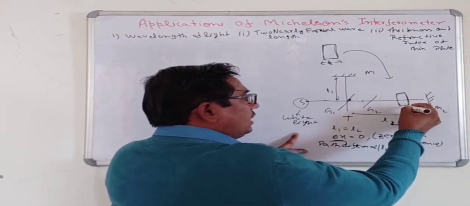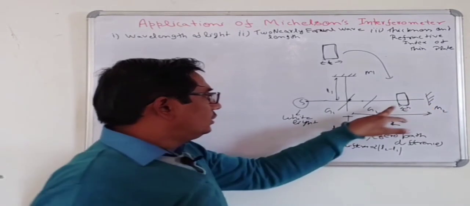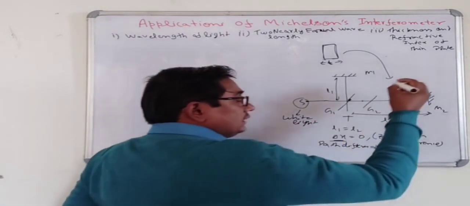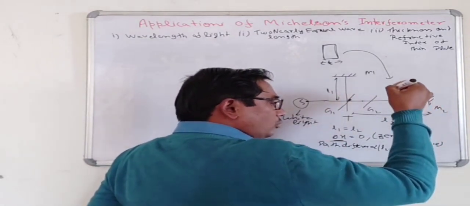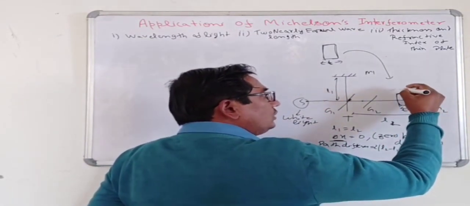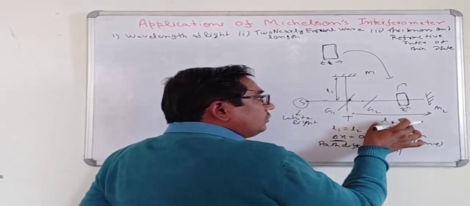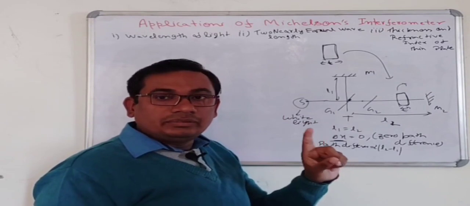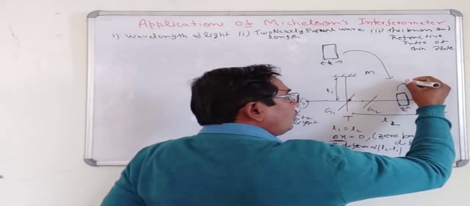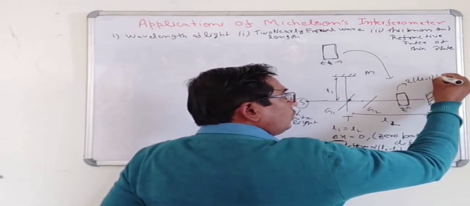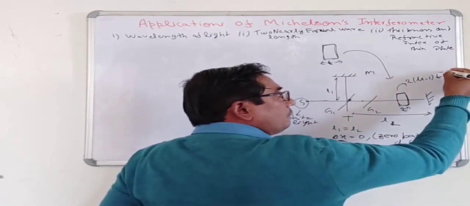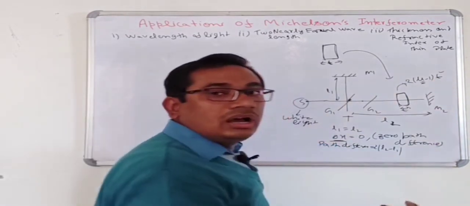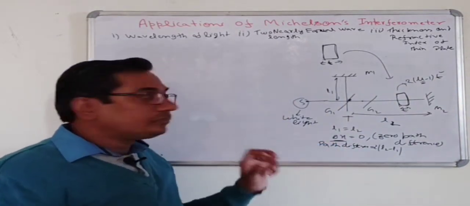When you put the known thickness of the thin plate here, you will see that the L2 length will increase, as all of you know very well because we have already discussed it in a previous lecture, by the amount of 2 (mu minus 1) into T. You know the value of T, but the value of mu I will calculate here.